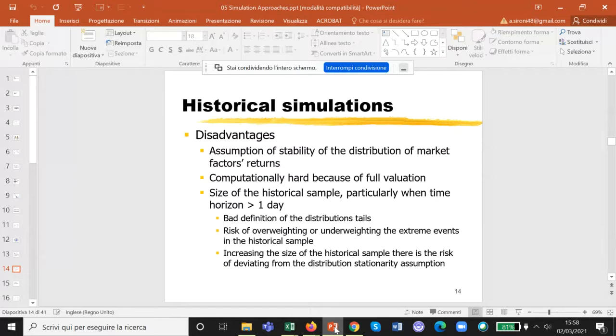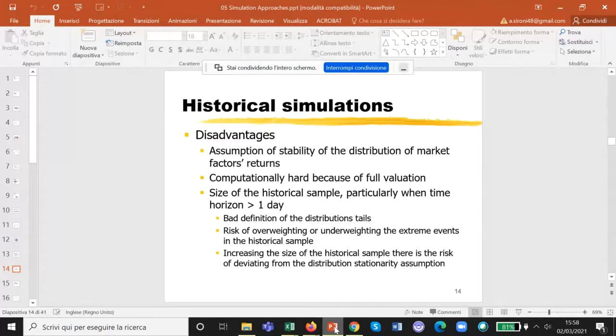Now, if I do so, and I want 99% confidence level value at risk, you can understand that I am not properly defining the tails. Because basically, I would have only one data point in the tail. 100 historical returns, and when I cut the distribution at the 99% level, I would have only one historical return in the tail. So I'm not defining the tails well, okay?